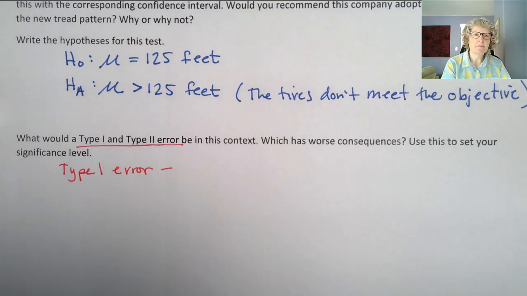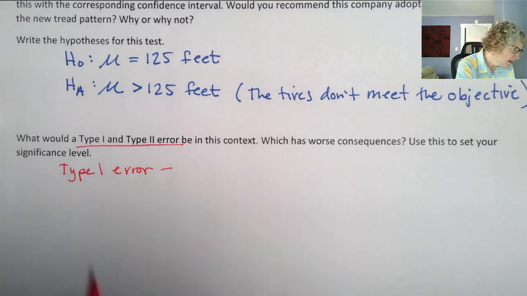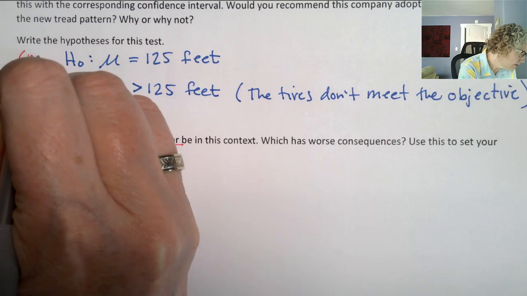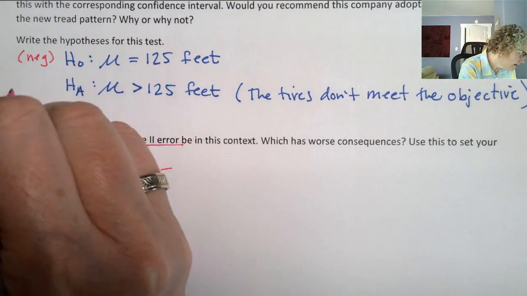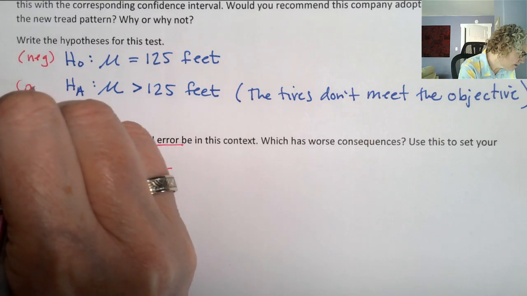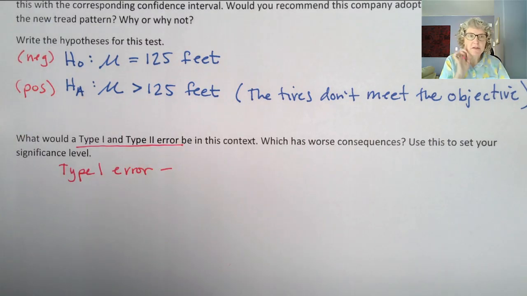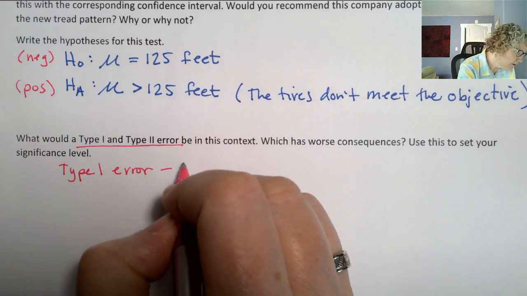Type 1 error, and my method, if you like the way I do it, I always think of the null as the negative, meaning you don't have whatever, and the alternate as the positive. That allows me to use my false negative and false positive. So type 1 error is a false positive.